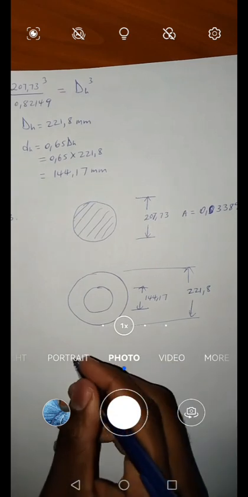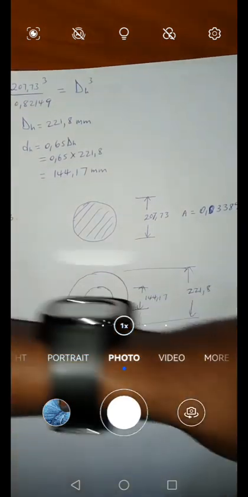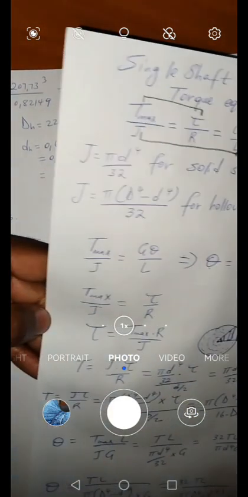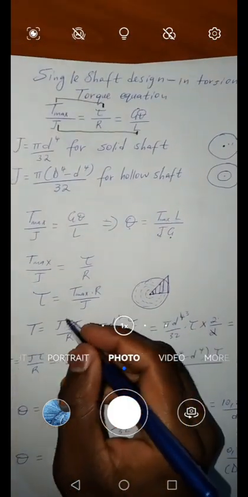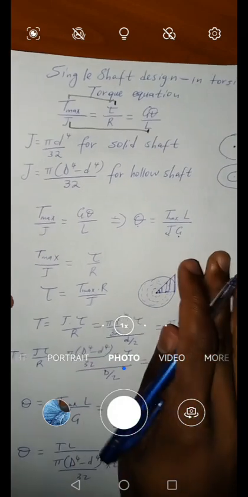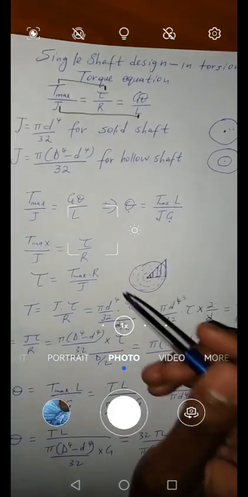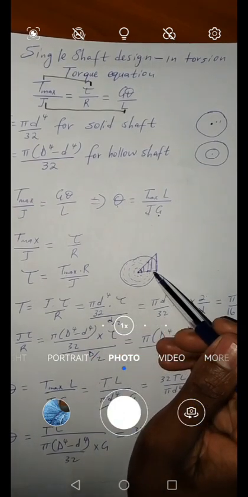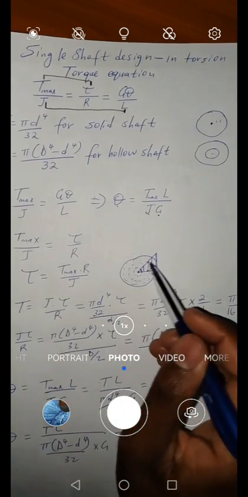I spoke about this thing here, this part. So I said that this is the formula for shear stress, and the more the radius, the more the shear stress. Then the shear stress distribution will be like this.